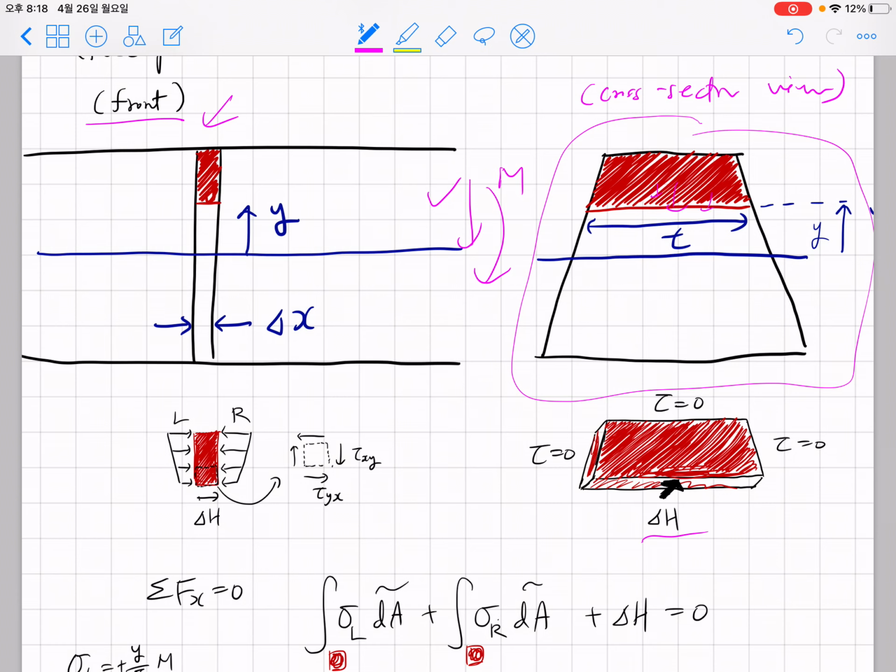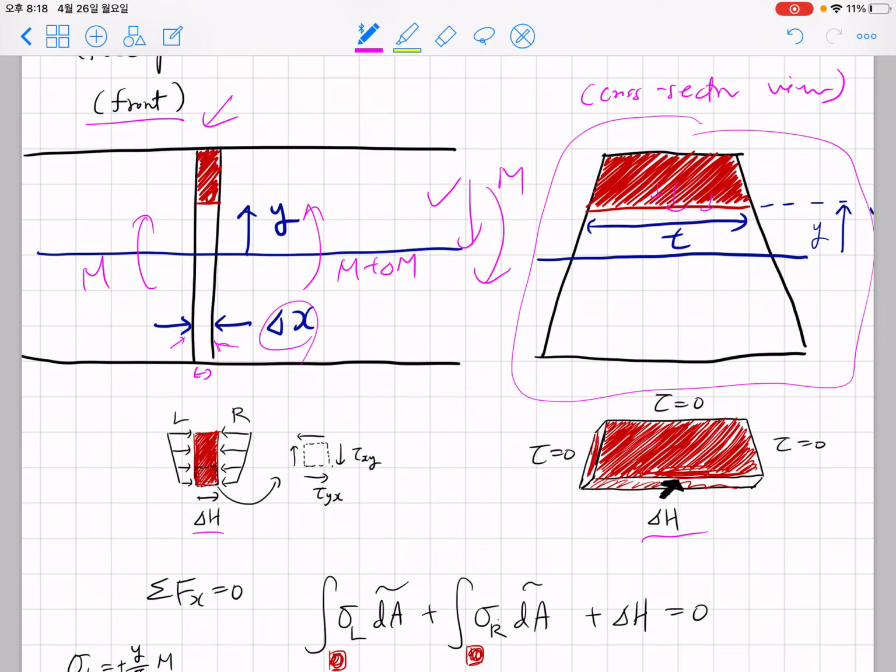Okay, so how we did this: we take a very thin element with thickness delta x, such that we can say that delta h is constant within this very thin element. We considered a moment applied here and a moment applied here, M and M plus delta M, because they are not at exactly the same location, so the moment could be different.